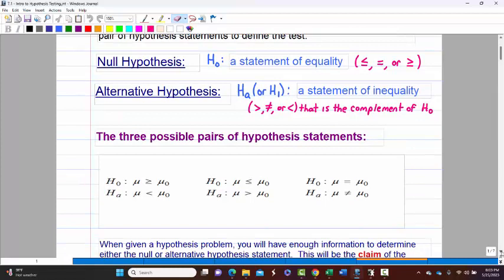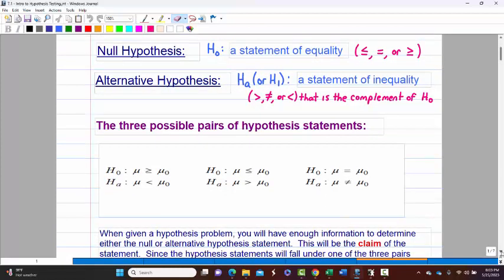So when doing a hypothesis test for the mean, they'll always come in these three pairs. Now mu is just the population parameter that needs to be there, and mu0 is going to be whatever the numerical value is we're testing against. And you'll see that when we look at some examples coming up.